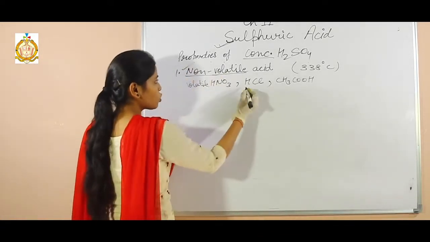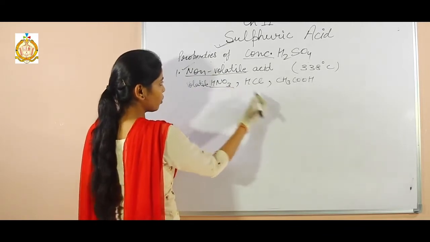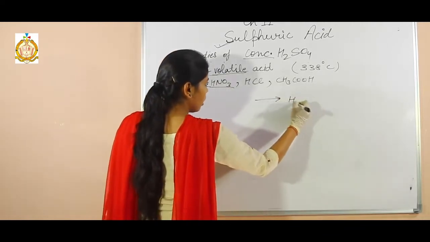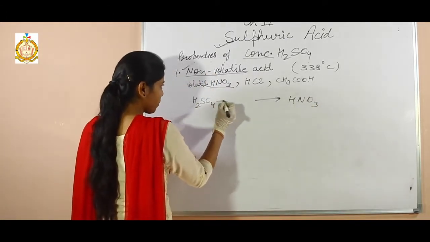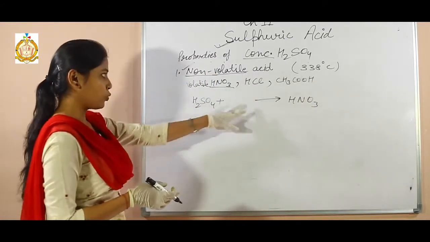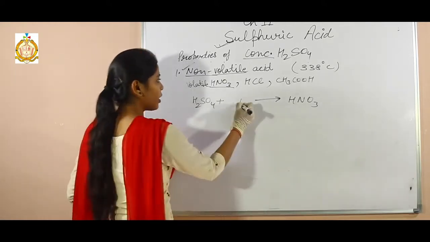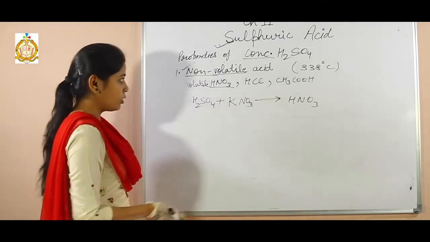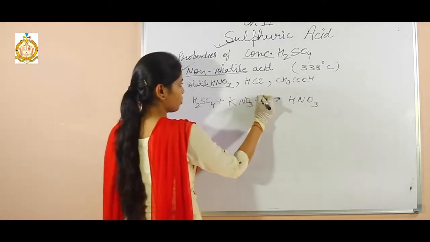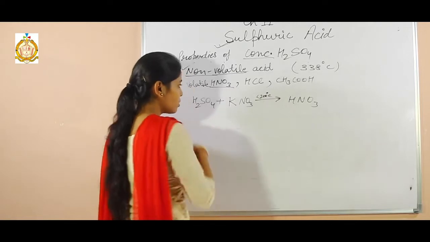So we can take one example, HNO3. Prepare HNO3 from sulfuric acid. What reactant can we take? Here a nitrate group should be there, so we shall take potassium nitrate, and the temperature should be below 200 degrees Celsius.